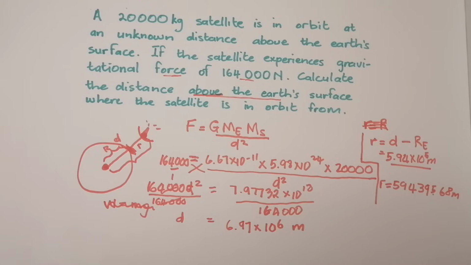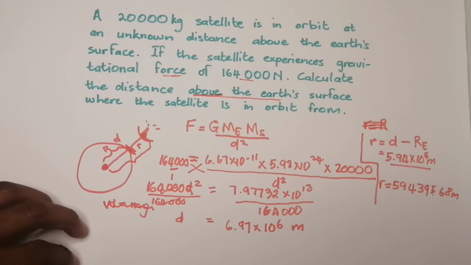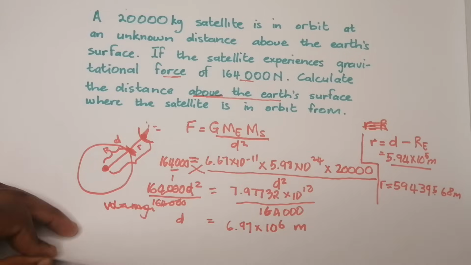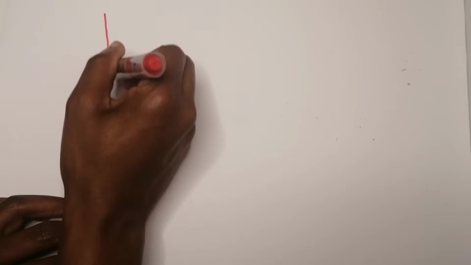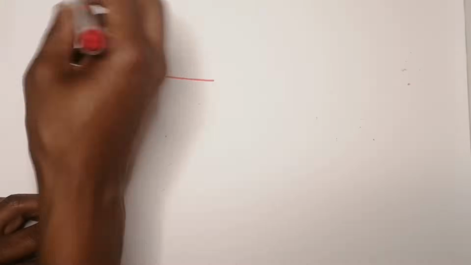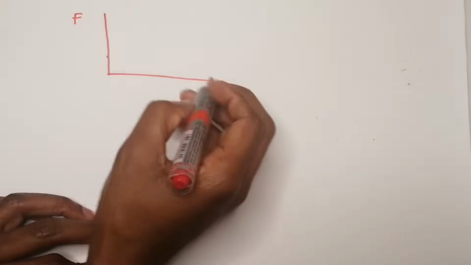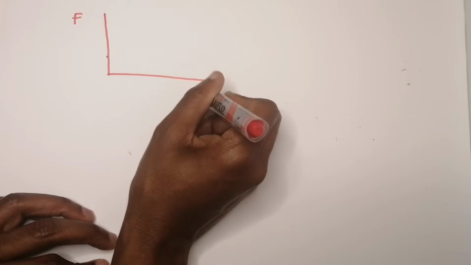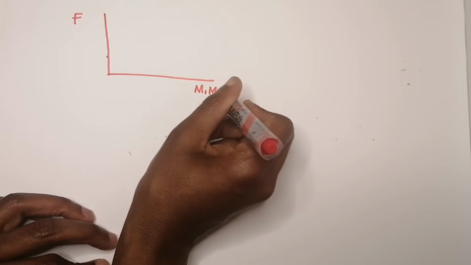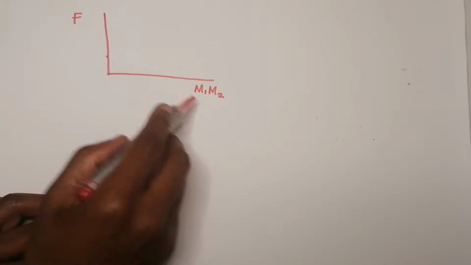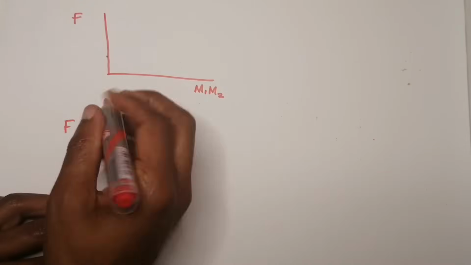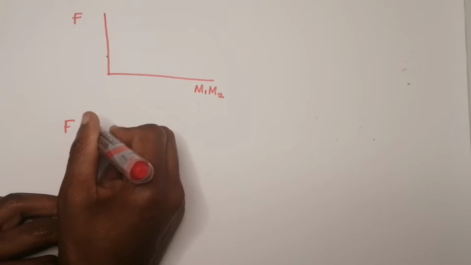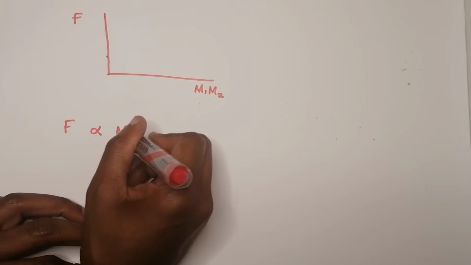All right, so the last discussion that I want us to have quickly, ladies and gents, is to talk about the graphs that have to do with this particular section. Very quickly, if we were to draw a graph of the force against the masses, because they are directly proportional to each other, you remember that we said the force is directly proportional to the product of the masses.